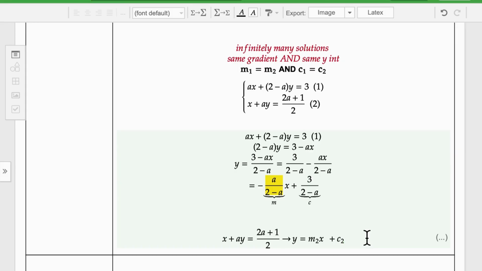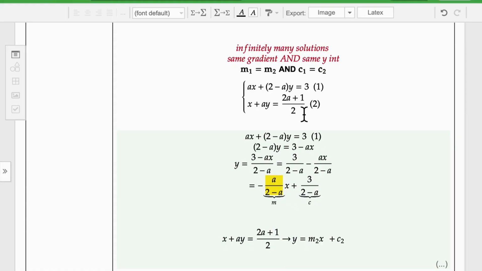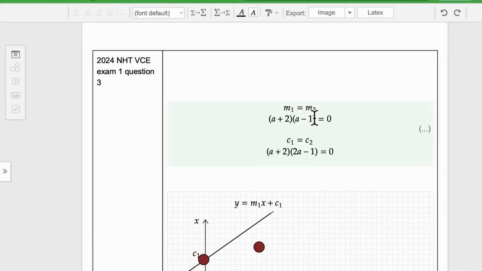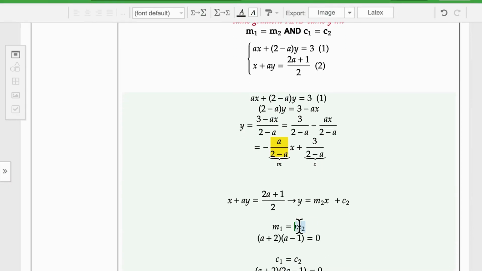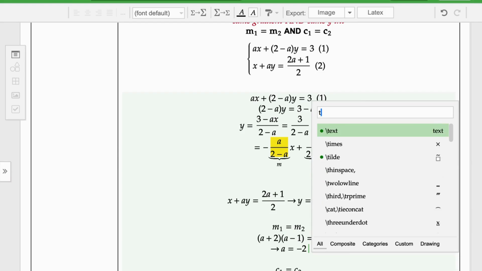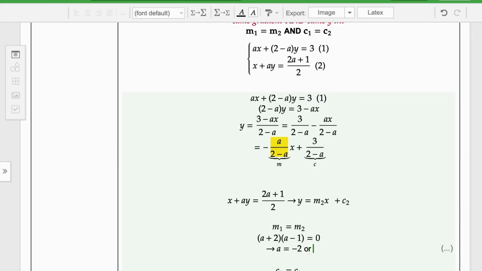Is it understandable? Now, notice one thing. I have worked it through before. When you solve for m1 equal to m2, this will be the quadratic that you will have. And from here, you can easily deduce that a will be -2 or a will be 1, right?